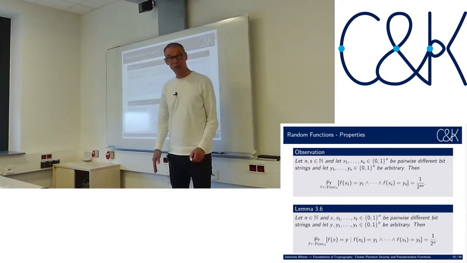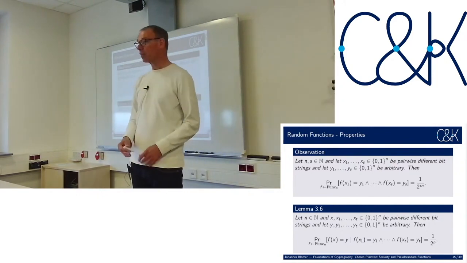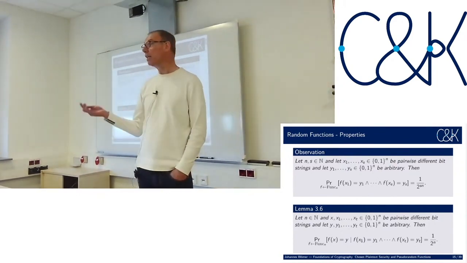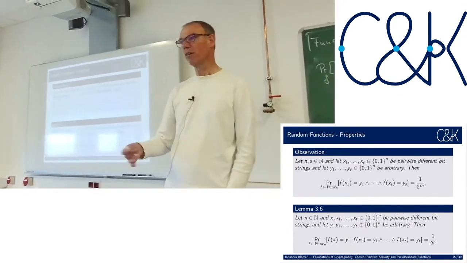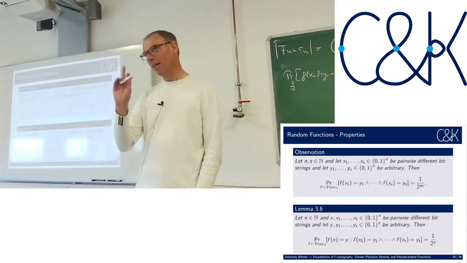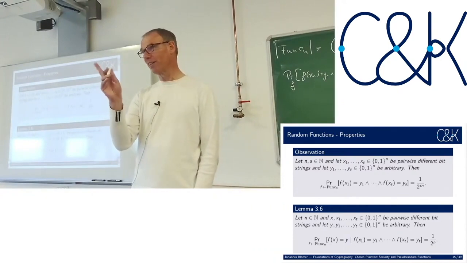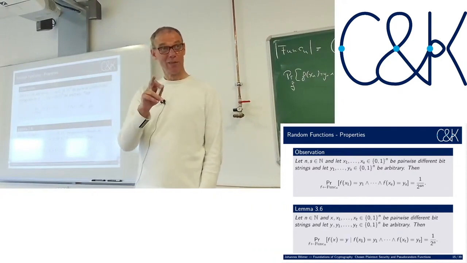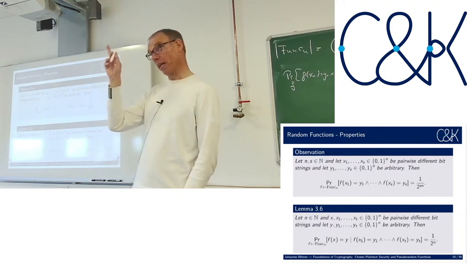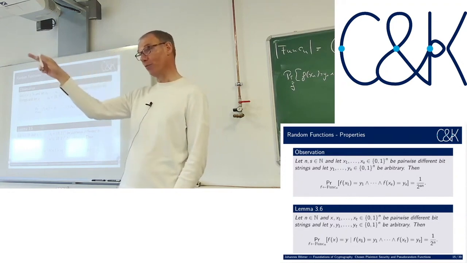So the values, the images for a random function, are picked independently. That's why Henrik was able to just forget what I just told you, except if you ask him for the image for the same argument twice. Then he should remember that you already asked that, and I give you back the original value.